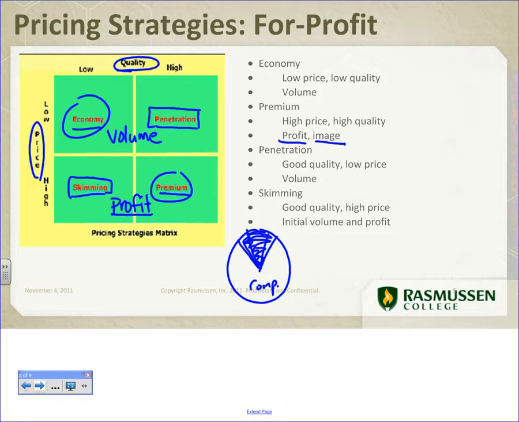While that gap is in place, they want to make as much money as they can because they know at some point their profit margin is going to decline because competitors are going to catch up. Okay? And so the skimming strategy you will often see in electronics, things that have very short product life cycles. All right, from beginning to when competitors come in is a fairly short amount of time.